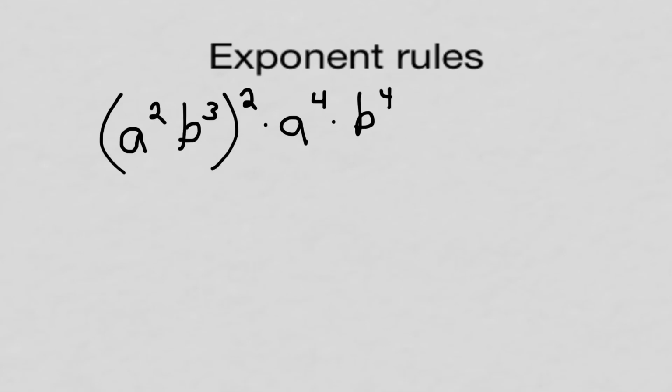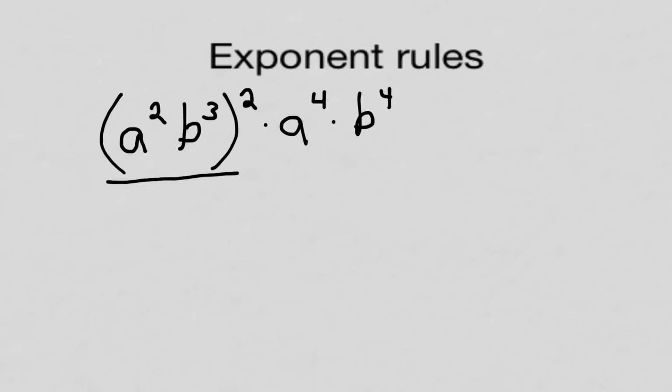Pretty similar to the last problem. Pause the video, give this one a try before you let me finish it. Just like the last problem, we're going to take care of the parentheses first. This is a power of a power. We got a 2 on the outside of a squared times b cubed. So in this case, we multiply exponents.